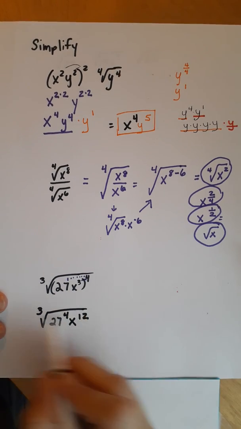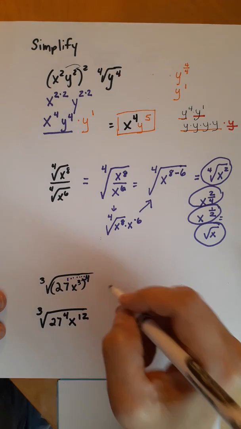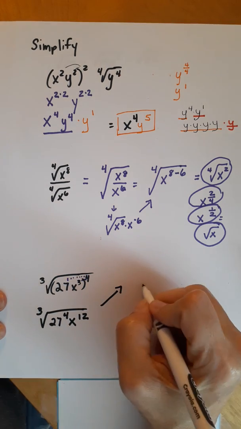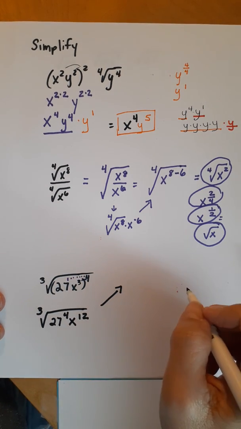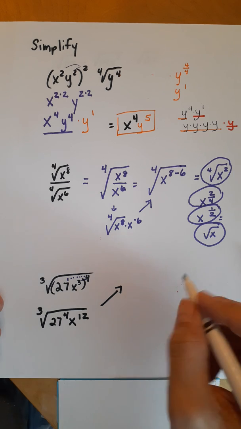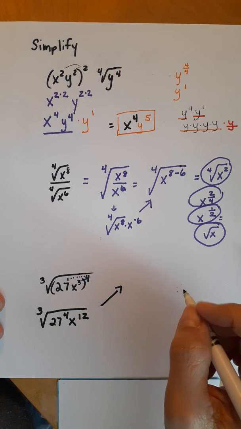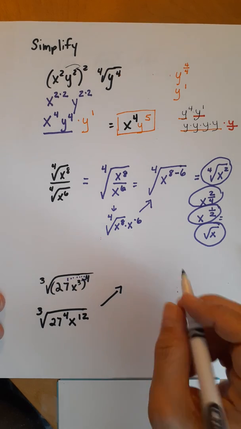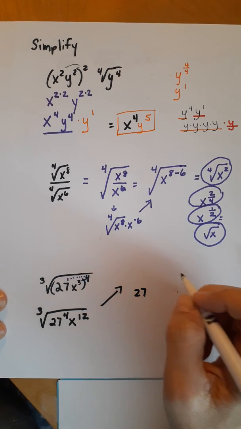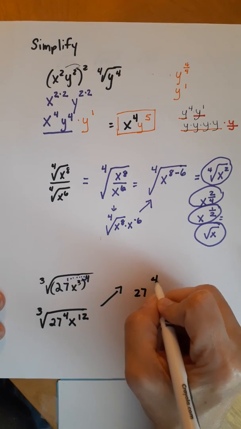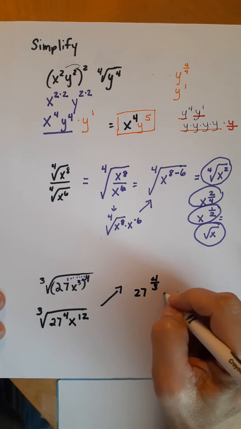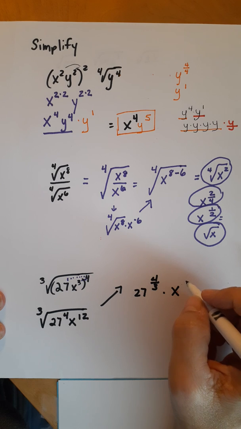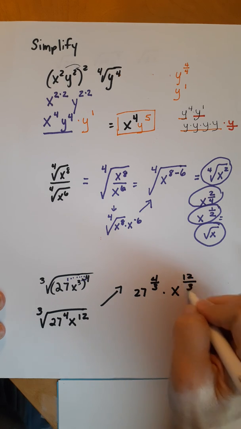Now I am going to get rid of this cube root in this form. I'm going to write this as 27 to the 4, to the 3rd, times x to the 12, to the 3rd.